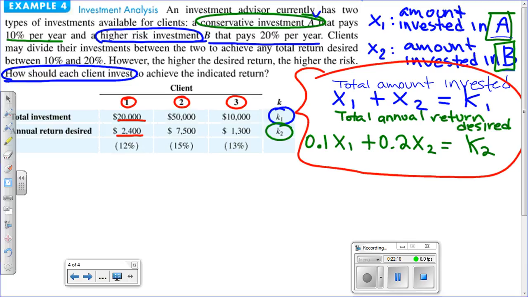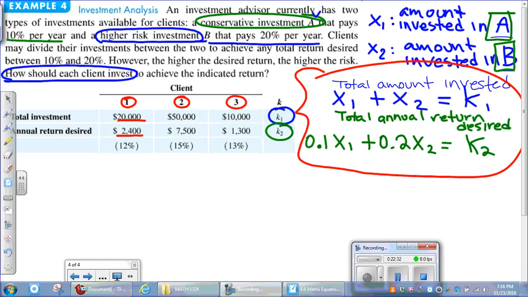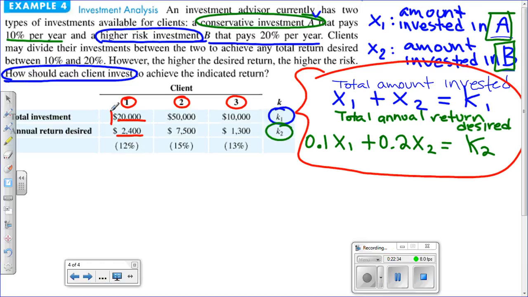So for client 1, K sub 1 is going to be 20,000, and K sub 2 will be 2,400.